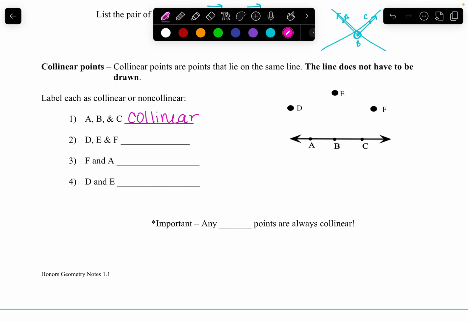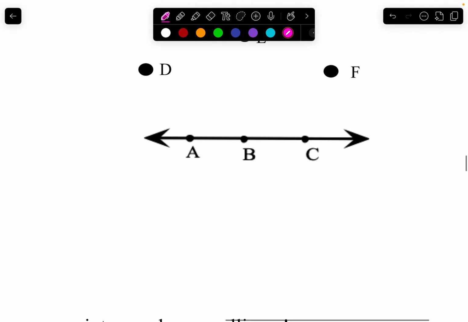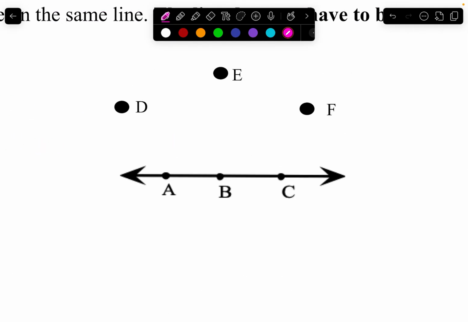What about D, E, and F? If I were to connect those, are those in a straight line? Definitely not. So these would be considered non-collinear. All right, if I look at point F and A, point F and A are kind of far apart from each other. However, the question you have to ask yourself is, can I draw a straight line between point F and A?